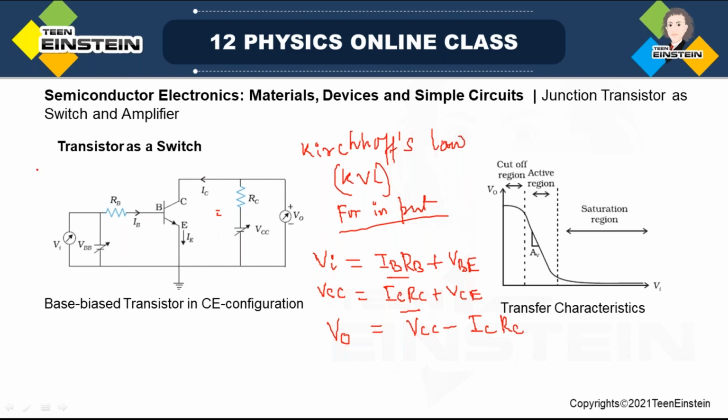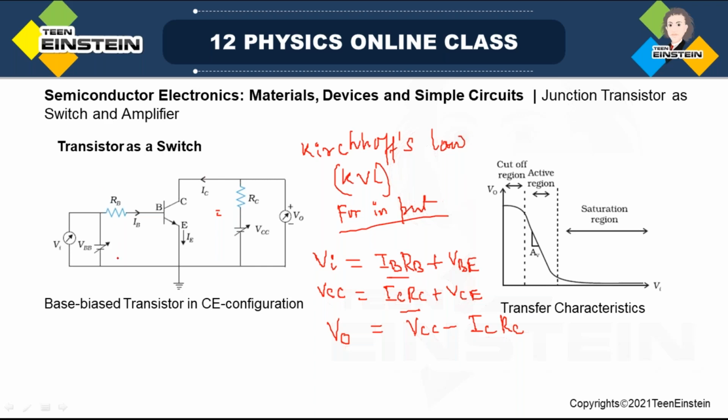If IB is 0, then in no way are you going to get a non-zero IC. It also will be 0. Now see, the output voltage depends on the input current or input biasing voltage.